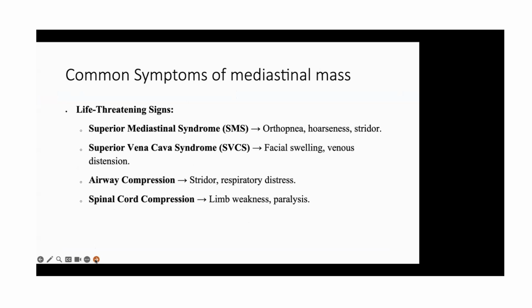It can be superior vena cava syndrome, and here we can have facial swelling and venous distension. It can be airway compression, again stridor and respiratory distress, and spinal cord compression, which is mostly from neuroblastomas in small children, and the symptoms can be limb weakness and paralysis.